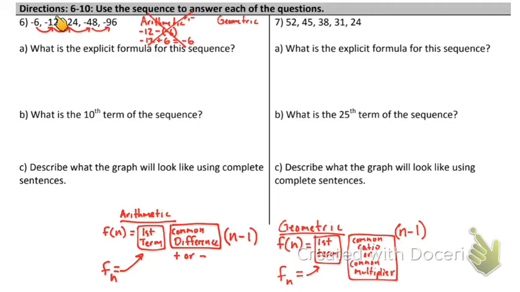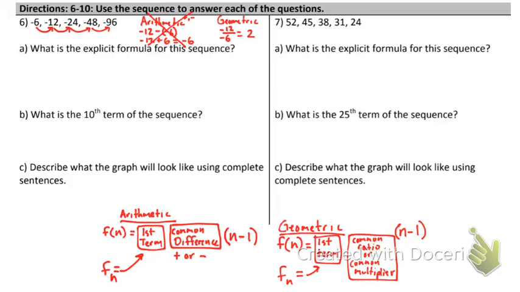And what I'm going to do is take the second one, in this case -12, and I'm going to divide it by the first one, which is -6. Okay? And what this formula does, second divided by first, is it gives me what I should be multiplying by if it's geometric. So if you look, this gives me +2.